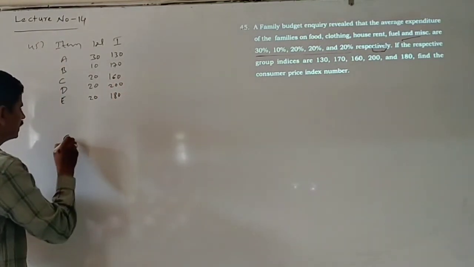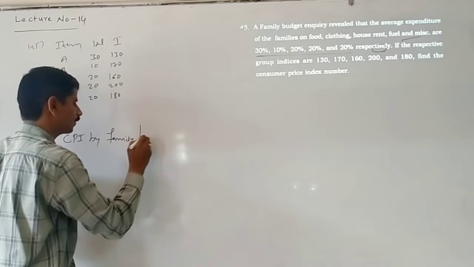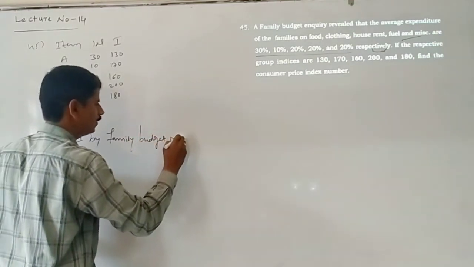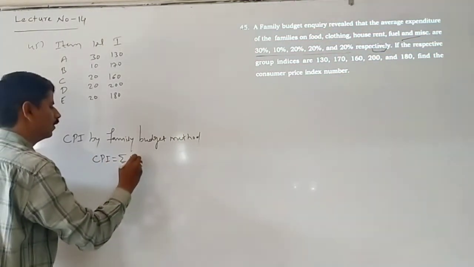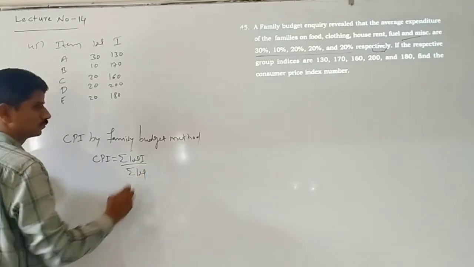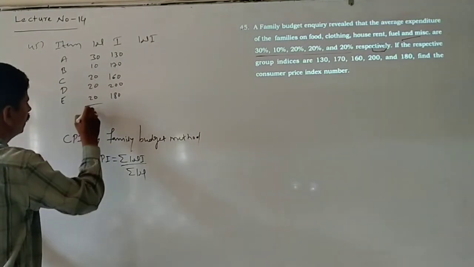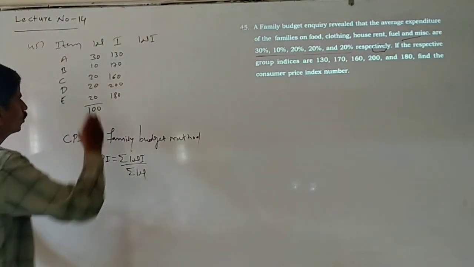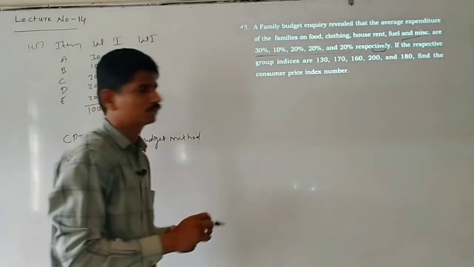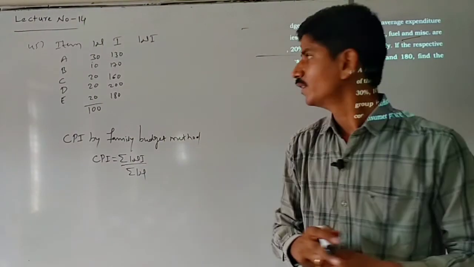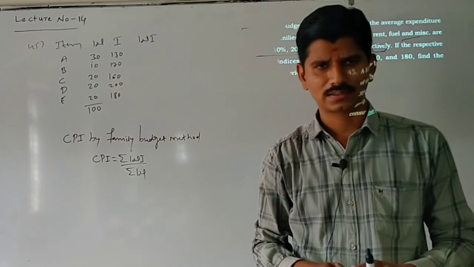Here you have to apply the family budget method, that is CPI equal to sum of WI by sum of W. Here sum of W is 100, the percentage is 100. You have to multiply this into this, then substitute the values. Then we will get the answer. Okay, the remaining problems we will discuss in the next class. Thank you.